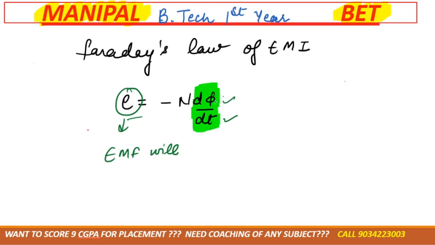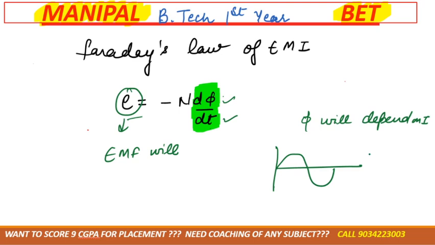So now the question arises, how will the flux change? Flux mainly depends on current, right? If current changes, flux will change, and current will change only in case of AC. Flux will change only in case of AC, and flux will not change in case of DC, right?